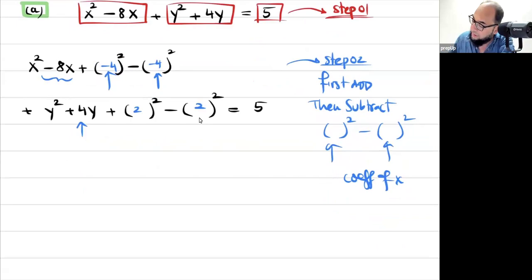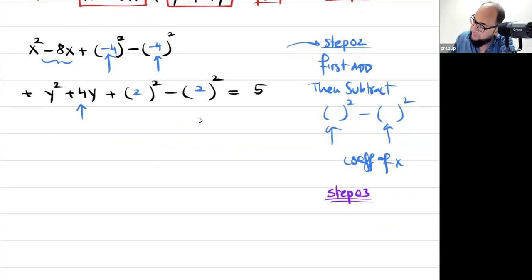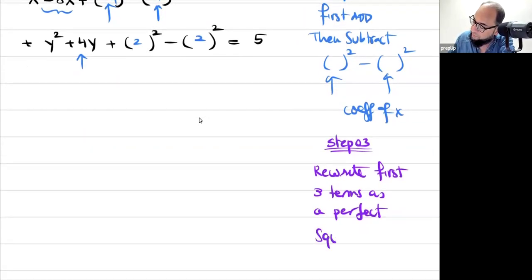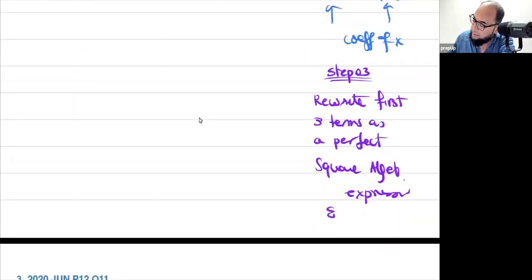Then we are moving to the third part, step 3. That is, rewrite the first 3 terms as a perfect square algebraic expression, and transfer constants to the right hand side.